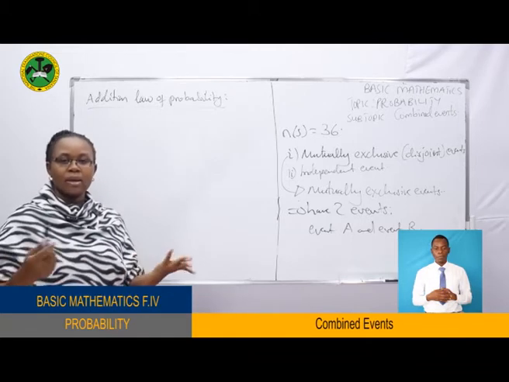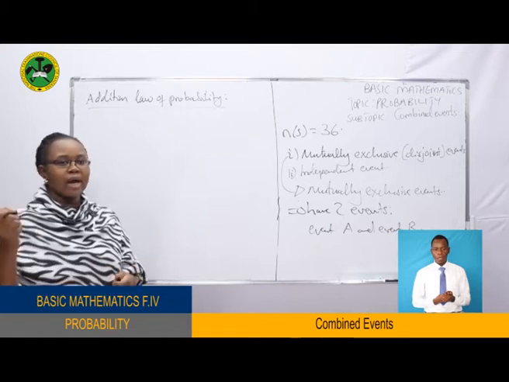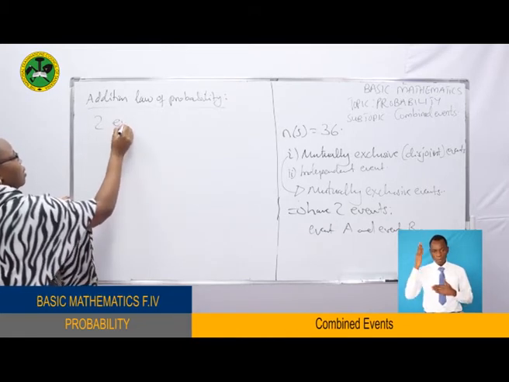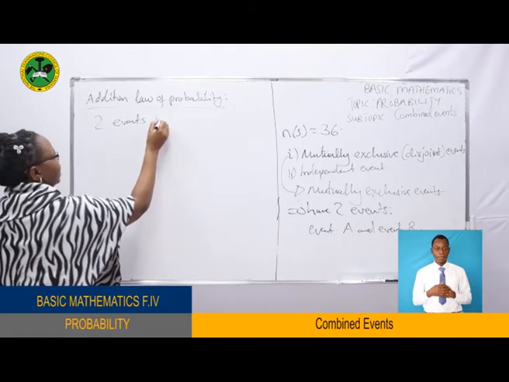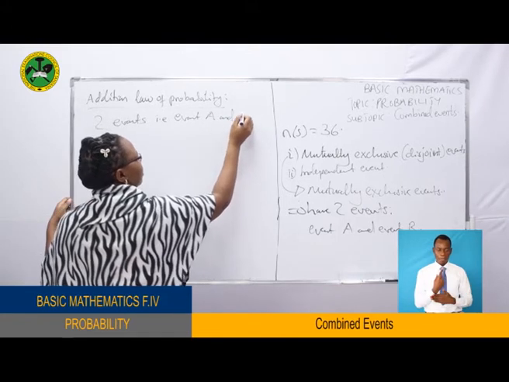Addition means summation. So the addition law of probability is given as follows: you have two events, that is event A and B.